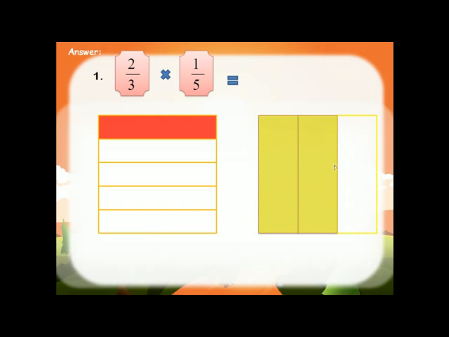2/3. We make a picture with the same measurement as the first picture, but we divide it into 3 equal parts, and then we shade 2 regions of the 3 regions to represent this fraction.